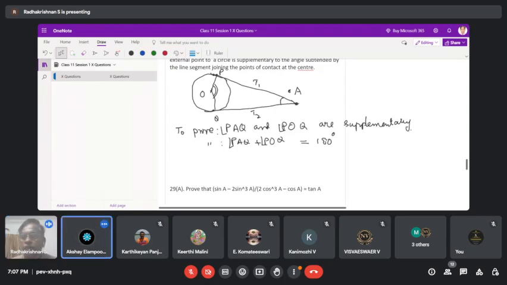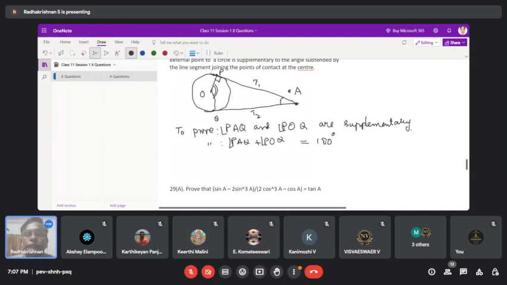Yes, sir. Okay. So what does it mean to say it is a tangent? A tangent is perpendicular to the radius at the point of contact. So that is what I was asking you. So this angle is 90 degrees, right? This is the property of tangent.